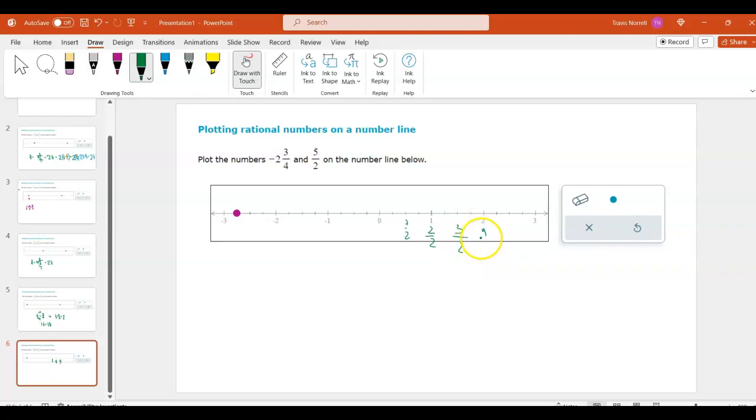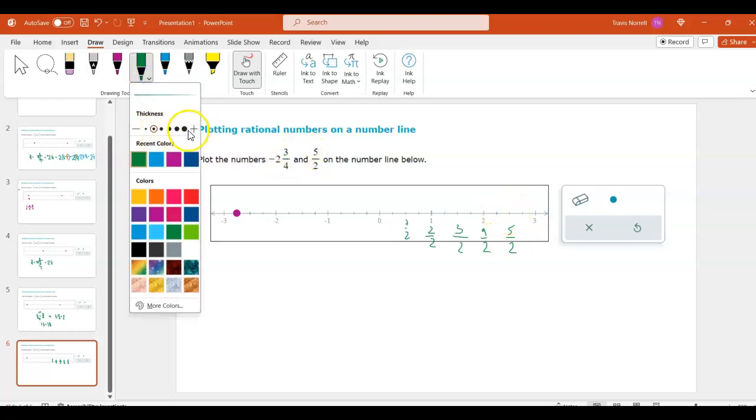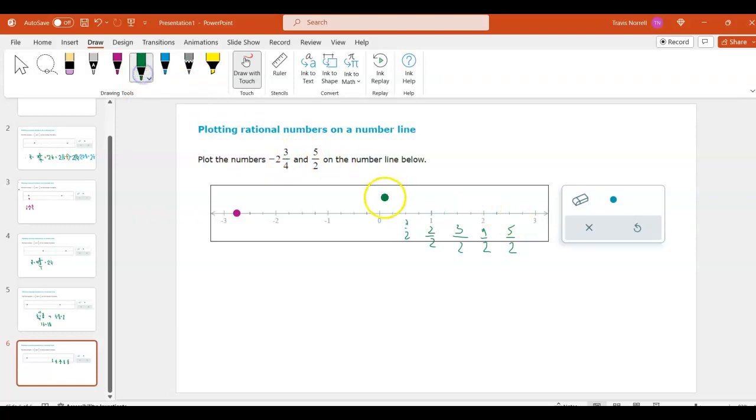4 halves would be 2 wholes, because 2 will go into 4 2 whole times. And then 5 halves would be over here. So you could count it in halves. 1 half, 2 halves, 3 halves, 4 halves, 5 halves.